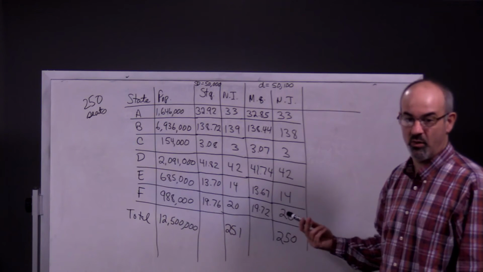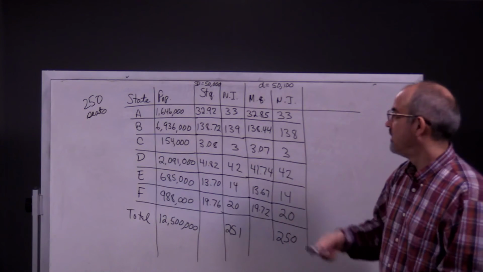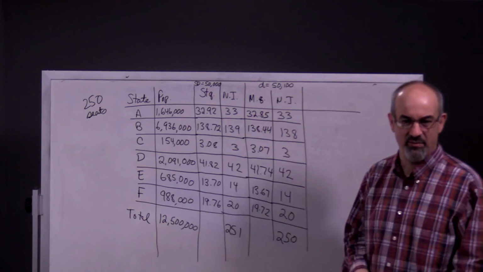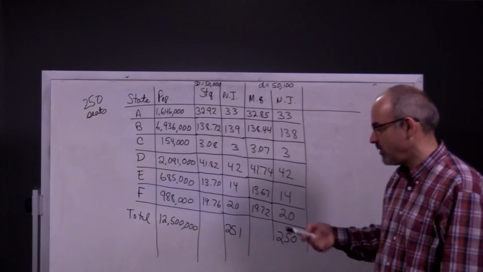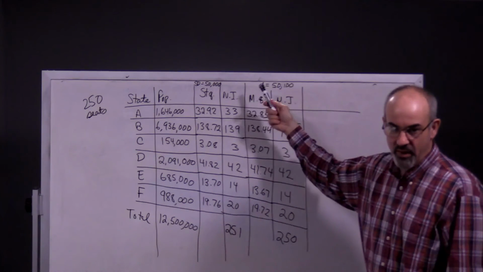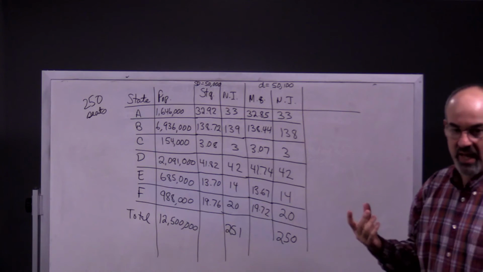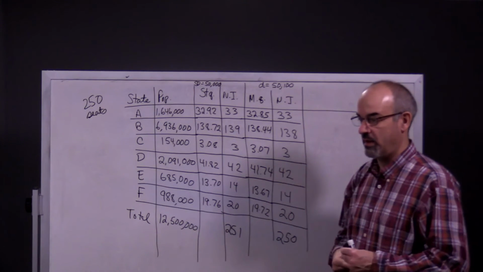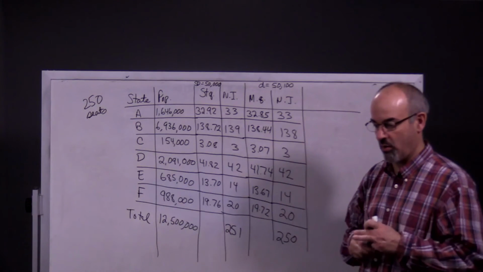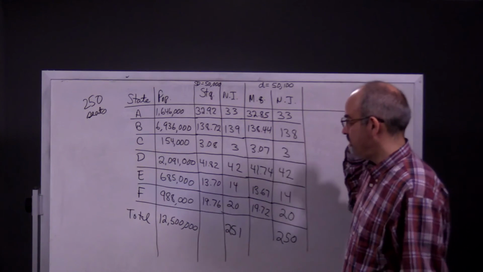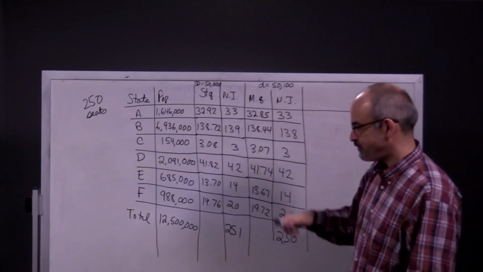So I would have to go down. Then I might go to 50,500, and that might still be too low. So I'd have to go down even more. So you might have to make a couple attempts at doing this. That's the quote-unquote hard part. But start at the standard divisor.